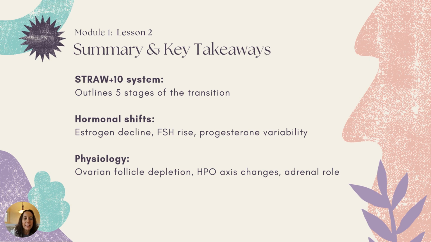And the reason this is all happening is that the ovarian follicles are becoming depleted. And so the hypothalamus has to kick in more to stimulate the pituitary, to stimulate the ovaries. And it's just very irregular and erratic. And on top of it, at the same time, you're having changes in the adrenal gland as a response.